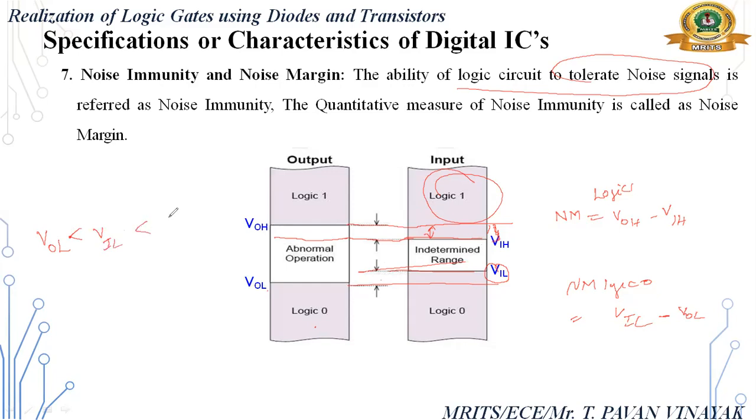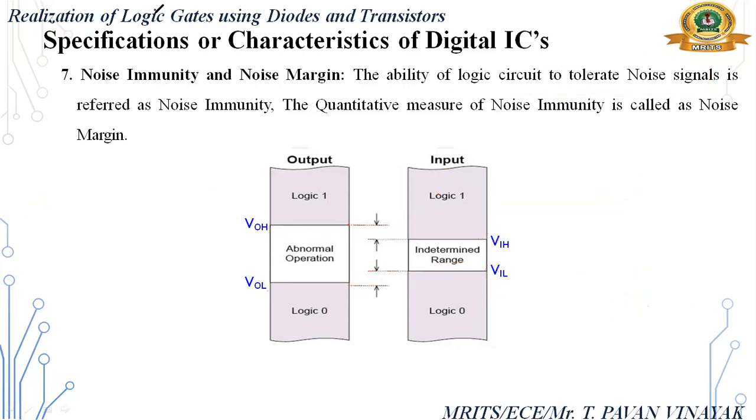Next VIL, next VIH, next VOH. This is the order of voltage levels. This is very important for further IC classification. So the logic 1 noise margin is VOH minus VIH, and the logic 0 noise margin is VIL minus VOL.